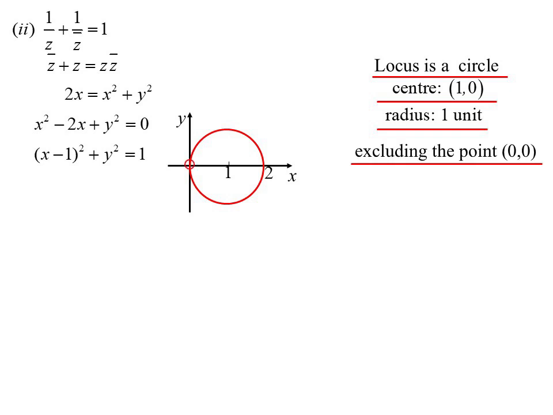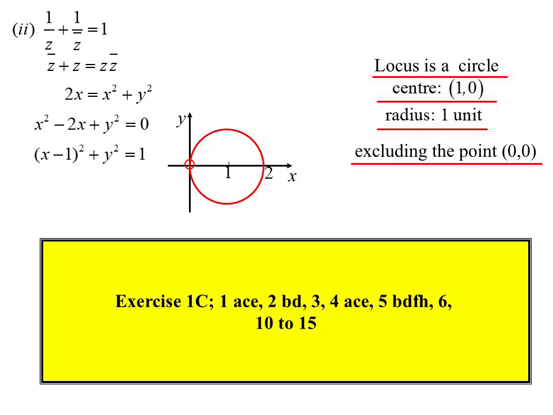That's not a possibility for this particular thing. Sure, it's a possibility for x minus 1 squared plus y squared equals 1, but that's what I changed it into to go and solve the problem. So I go back to the original one and just check and make sure, oh geez, should I be excluding a point here or is this okay? And in this case it wasn't okay. I had to exclude 0, 0. So 1C, starting with this idea of looking at things on the Argand diagram.